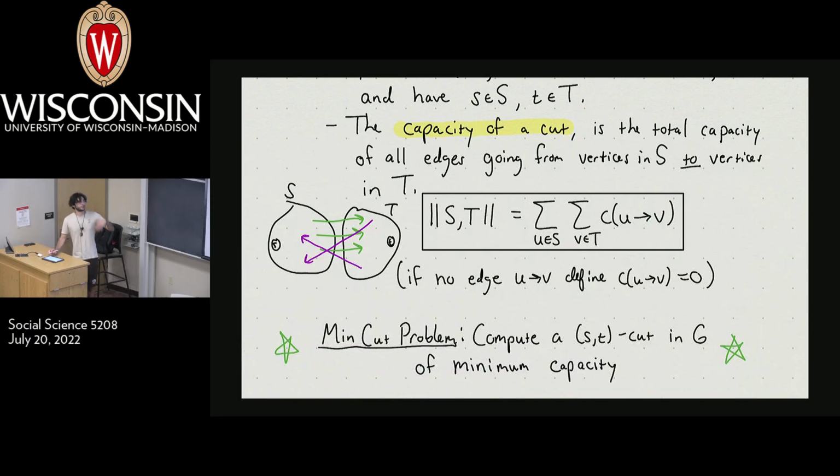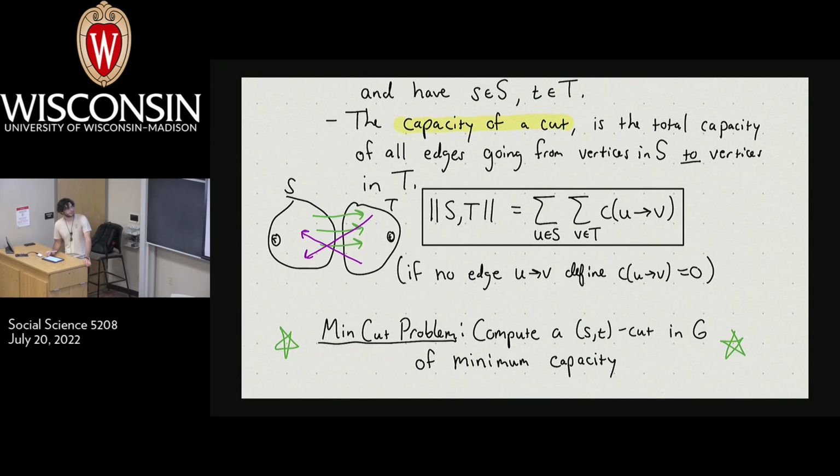And similarly for flows, we'll always assume that the flow of an edge that doesn't exist is just 0 as well. That's just a little shorthand we're going to use. So to be really precise, these are technically the sum of all edges from U to V, where U is in S and V is in T. But because of this shorthand, we don't have to make a complicated set there.